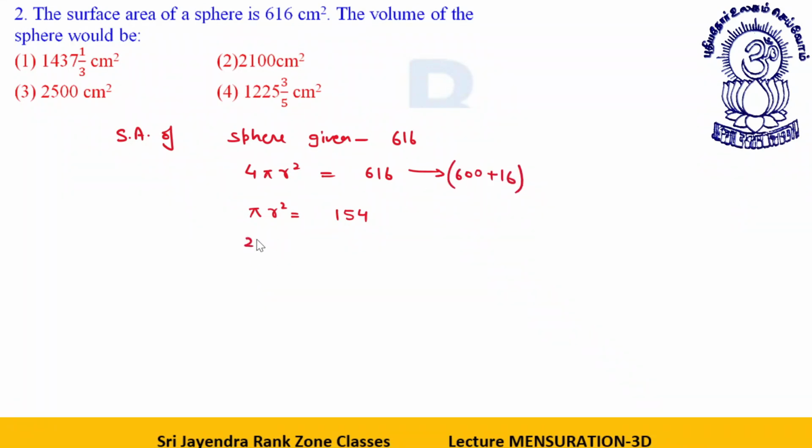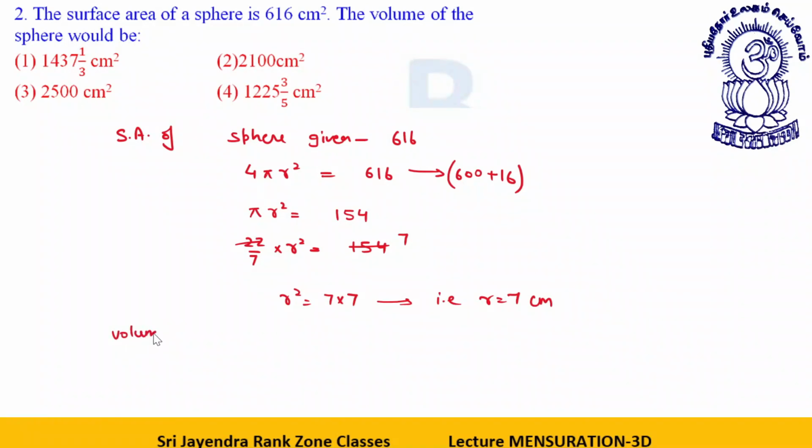You get 22 by 7 into r square is equal to 154. 22 cancel with 154 to give you 7. So r square is equal to 7 into 7. That is, r is equal to 7 centimeter. Clear?